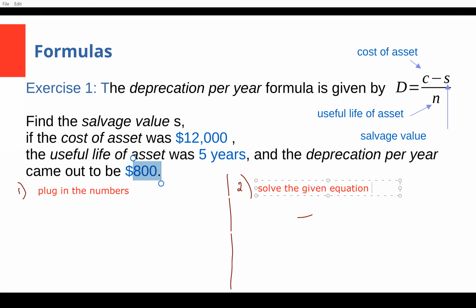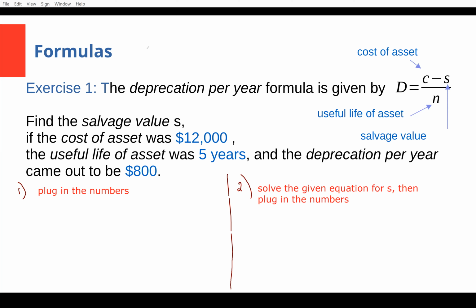Two options. And to tell you the truth, because we are more used to dealing with numbers, like we call our arithmetic, my recommendation usually, if you're not asked to provide the formula, is to plug in the numbers and find the missing value. So what I usually recommend is to follow path number one.